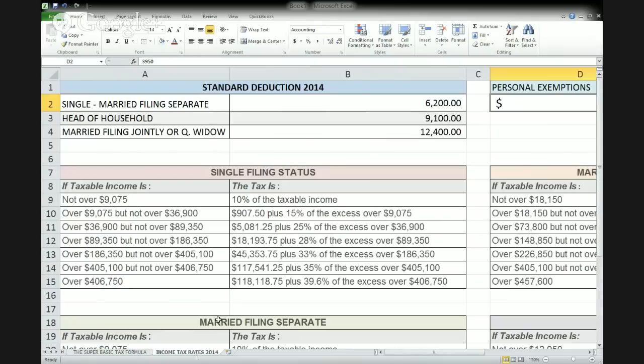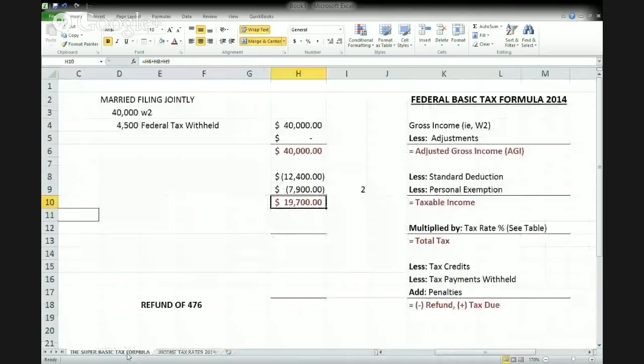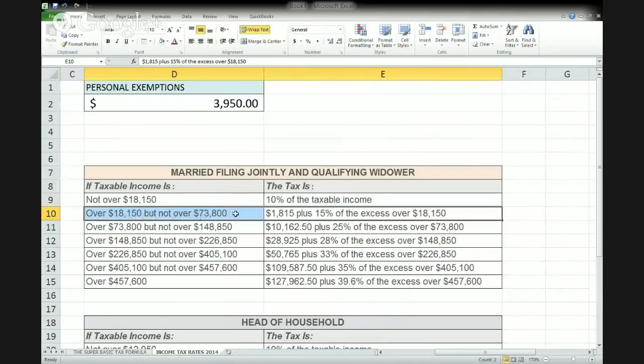We have to go ahead and go back to the tax rates. We said that this is a single filing status. This is not what we're going to use. We're going to use the married filing jointly filing status, and that status says that if your income is $19,700, you do not use this table because the income is not this, but then we use the second part because we're doing numbers between 18,150, but not over 73,000.